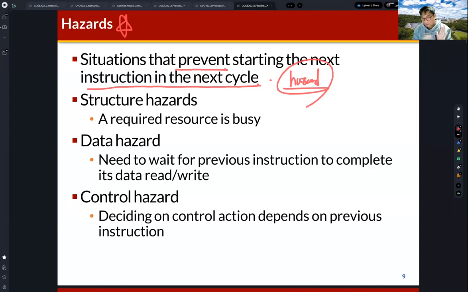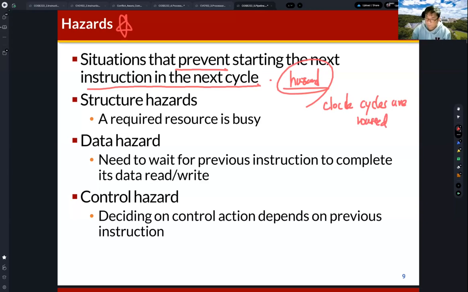We expect that a new instruction can be assigned to the processor at every cycle. That's our expectation. But because of some issues, a new instruction cannot be assigned. Then what's the problem? The problem is clock cycles are wasted.